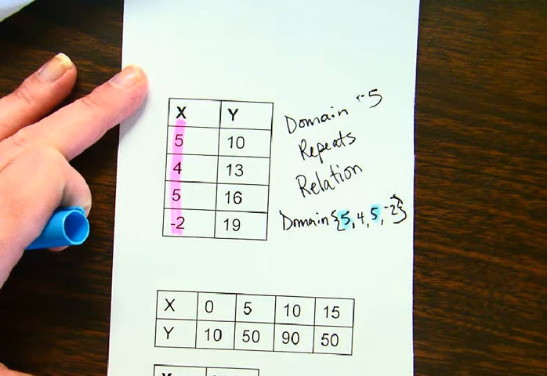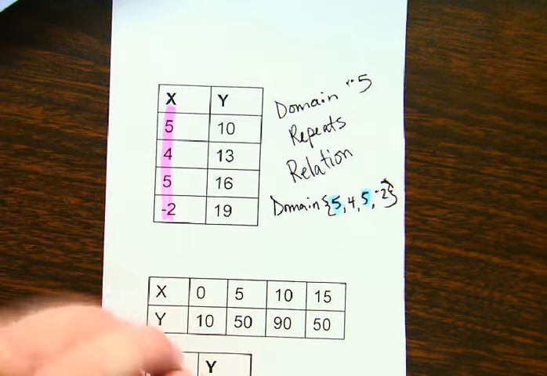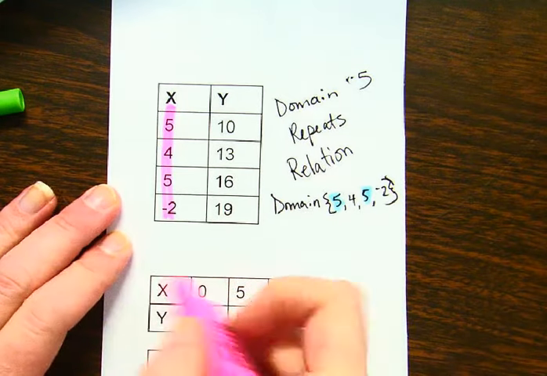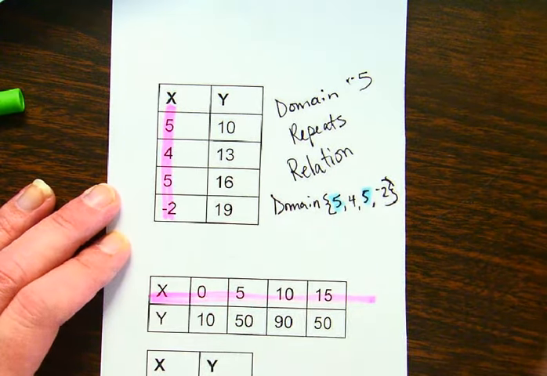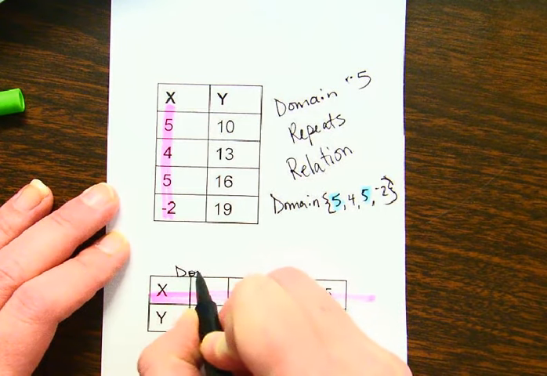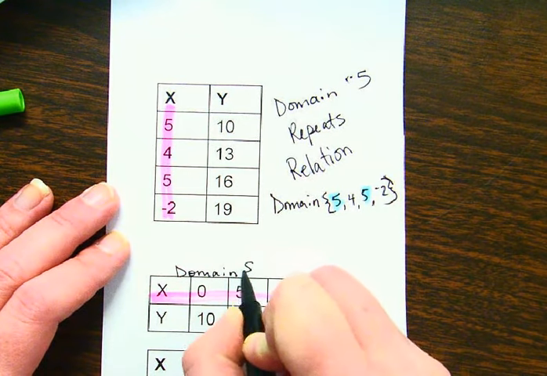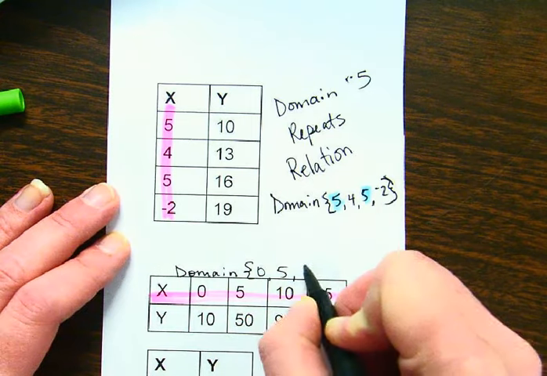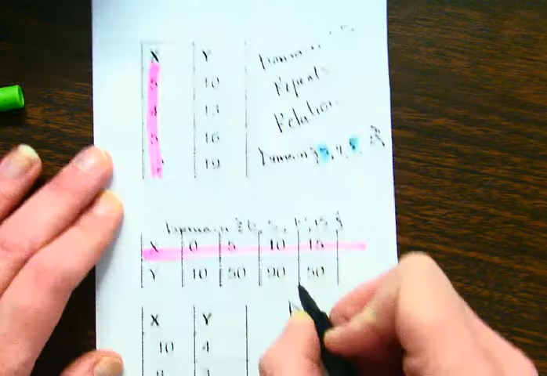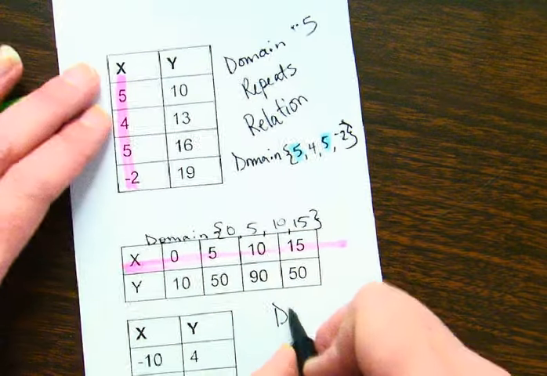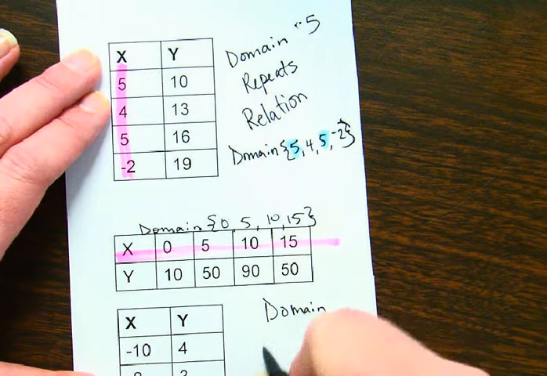Looking at the second table that goes sideways, here's my domain. Writing it as a set, 0, 5, 10, 15. My domains are different.